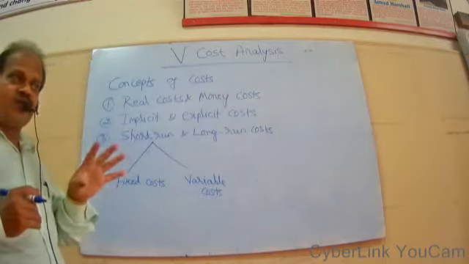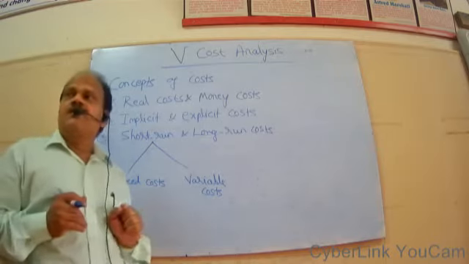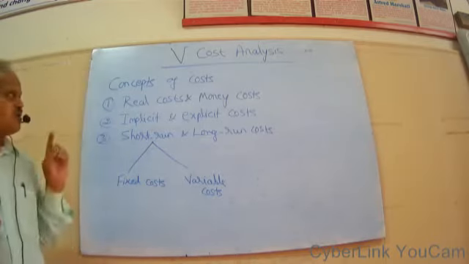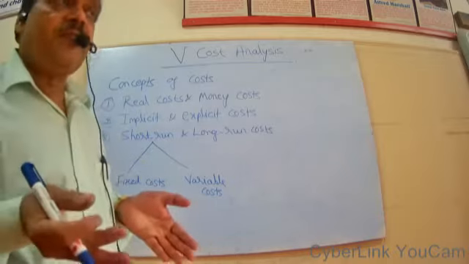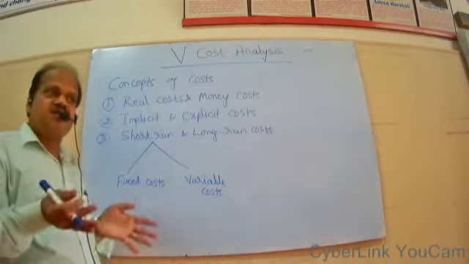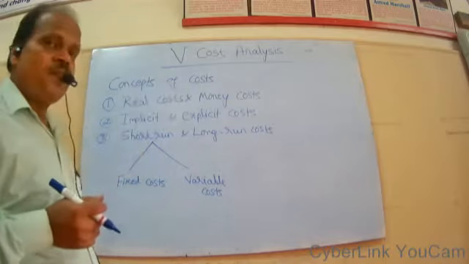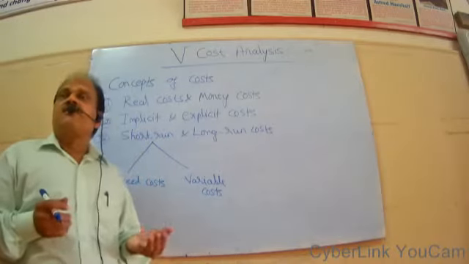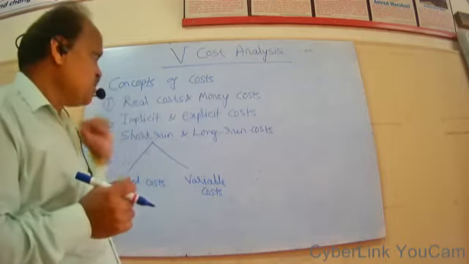Production and supply of a commodity depends upon the cost of production. Similarly, cost of production also determines the number of firms in a particular industry. The number is decided on the basis of the cost of production also. Then the profit of a firm also depends upon the cost of production.